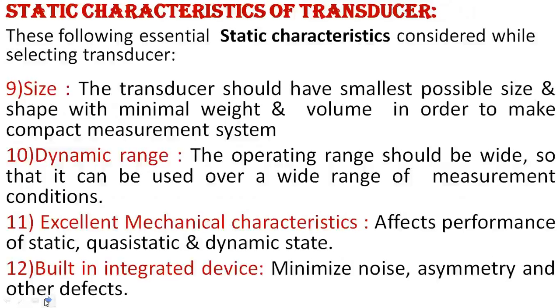Now the next characteristic is size. A transducer should have the smallest possible size and shape, with minimal weight and volume, in order to make compact measurement. Also we have to know the dynamic range. The operating range should be wide, over a wide range of measurement conditions. The next one is excellent mechanical characteristics, which affect the performance in static and dynamic states.